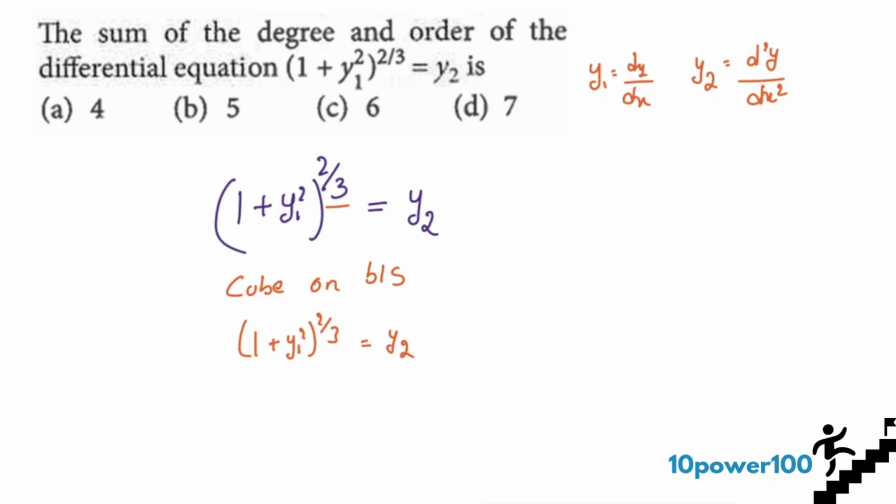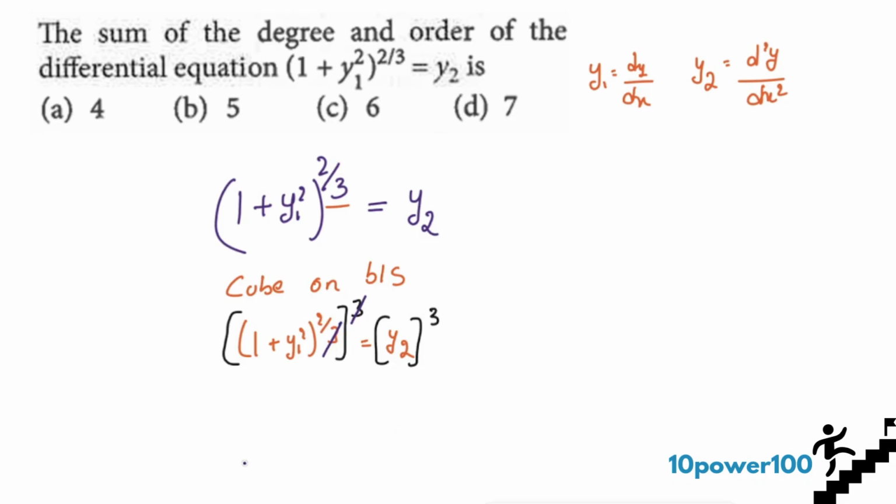Now let's take that cube, whole power 3 and whole power 3. Now if you observe carefully, the 1 by 3 and 3 cancel out.